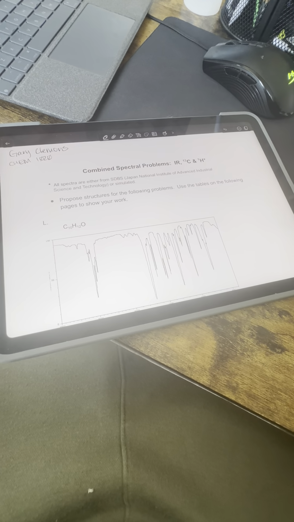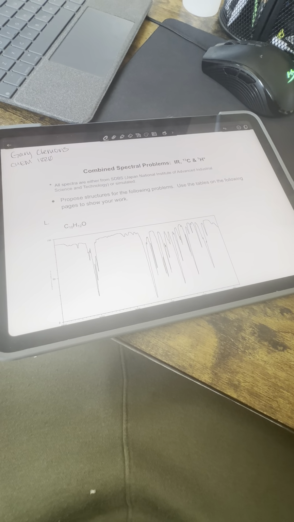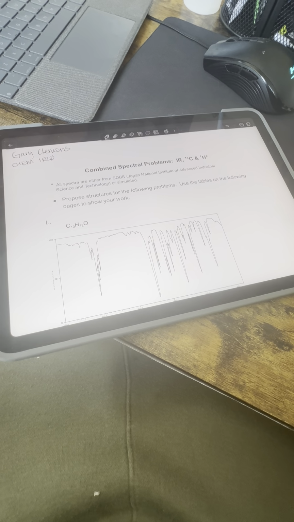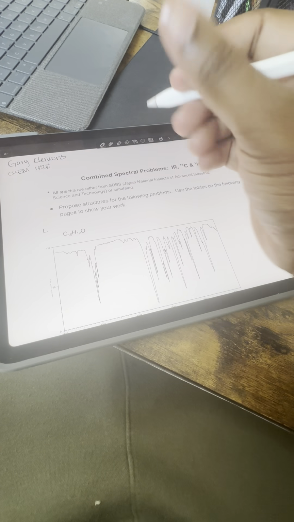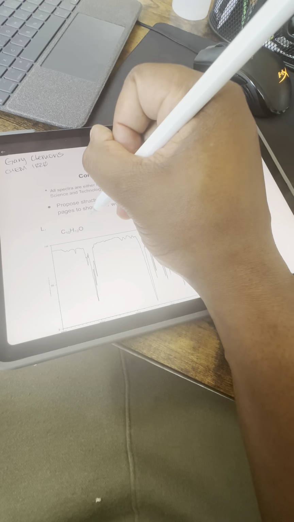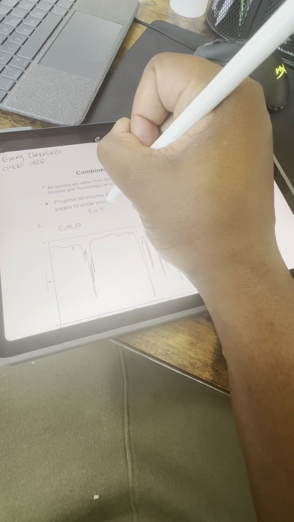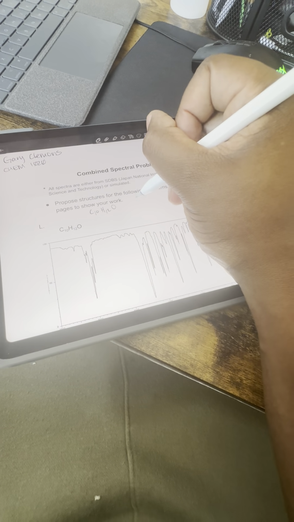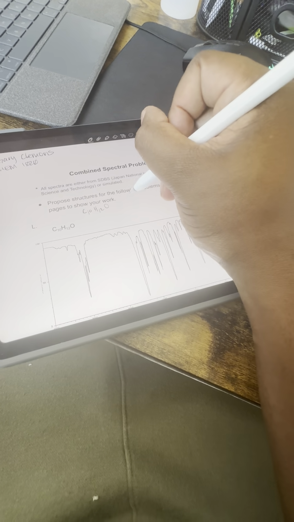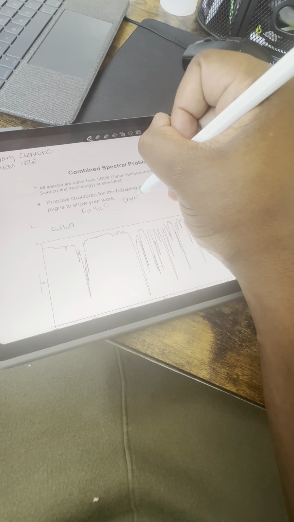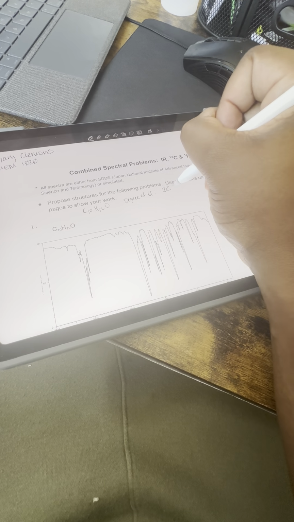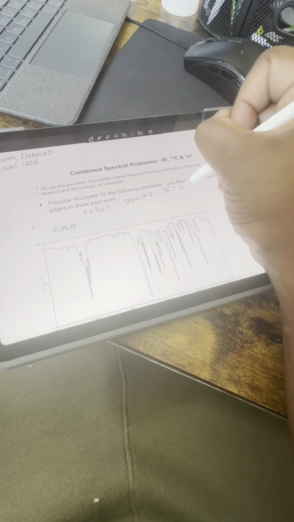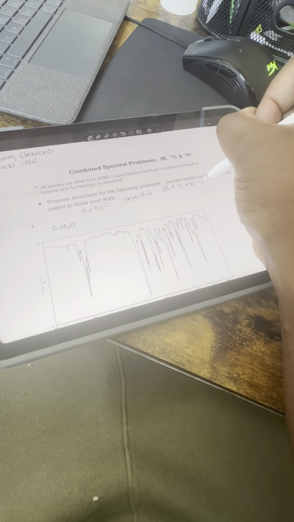Now, before creating the structure, we need to find the degree of unsaturation. In order to do that, we'll be using this molecular formula, so I'm going to write that down: C10H12O. We're going to use the following formula: degree of unsaturation equals 2C plus 2 plus N minus H minus whatever extra atom would be in there.